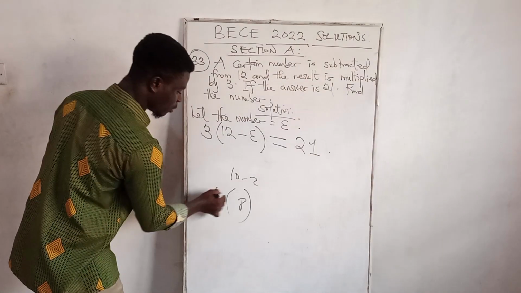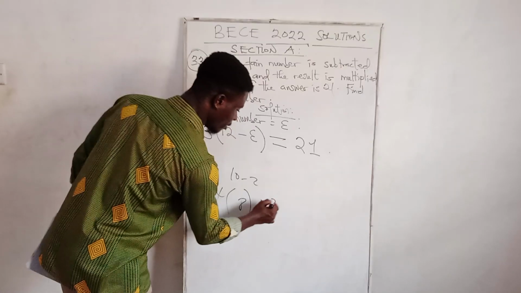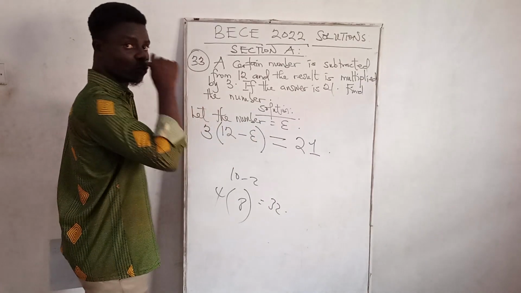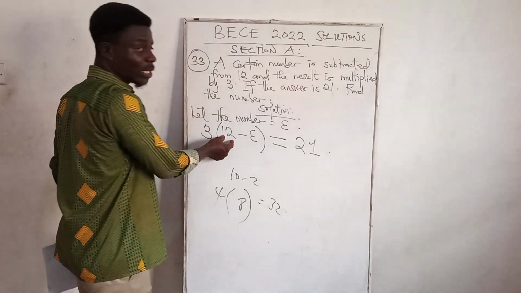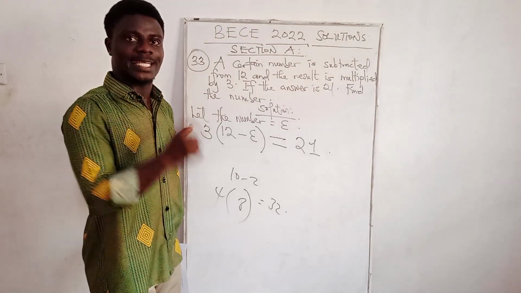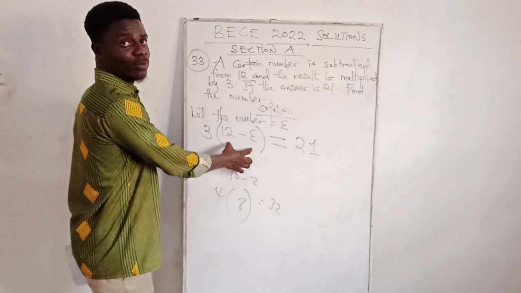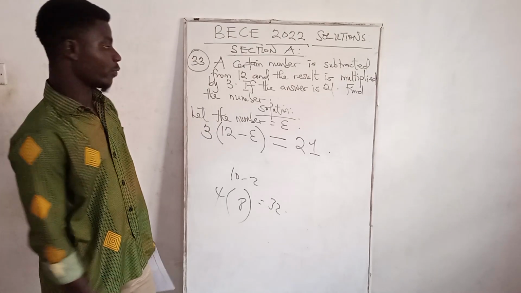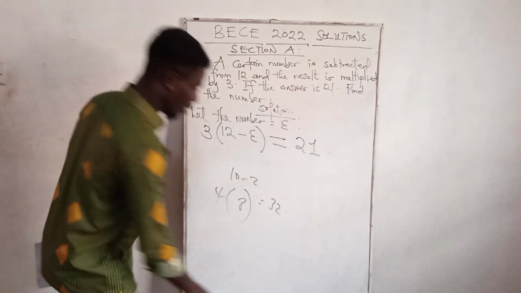Then multiply your result by 4, 4 times 8, we get 32. It's the same approach here. Since you cannot subtract epsilon from 12, because this one is a variable and this one is a number, they are unlike terms, so you cannot subtract. That's why we left it like this. Then we multiply our result by 3. So now we can proceed.